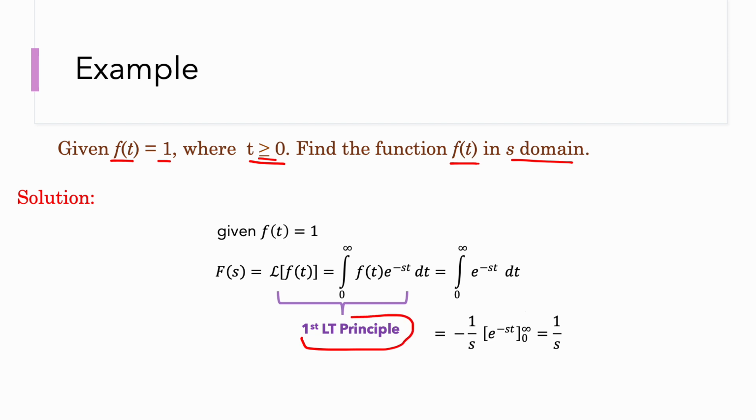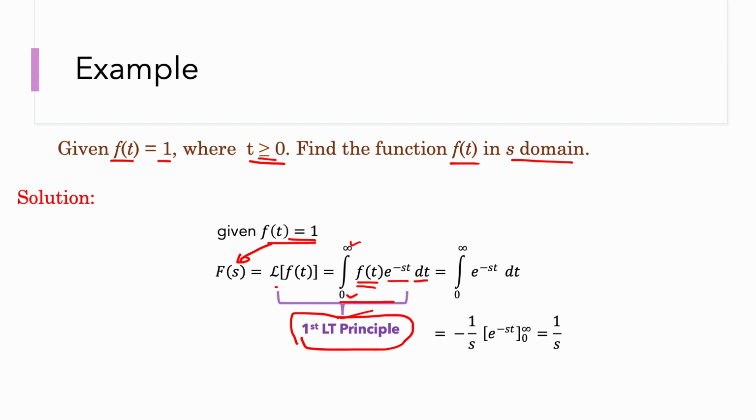In order to convert from the time domain into the S domain, we do the integration from 0 to infinity of the equation, multiplied with exponential negative st, dt.